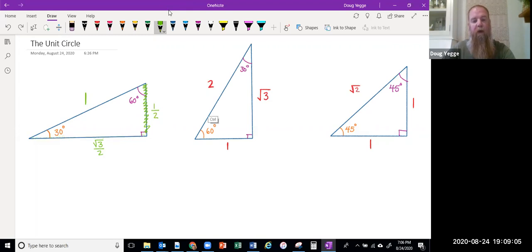Now, one thing to really recognize about these two ratios is that 1/2 is equal to 0.5, while the square root of 3 over 2 is larger.